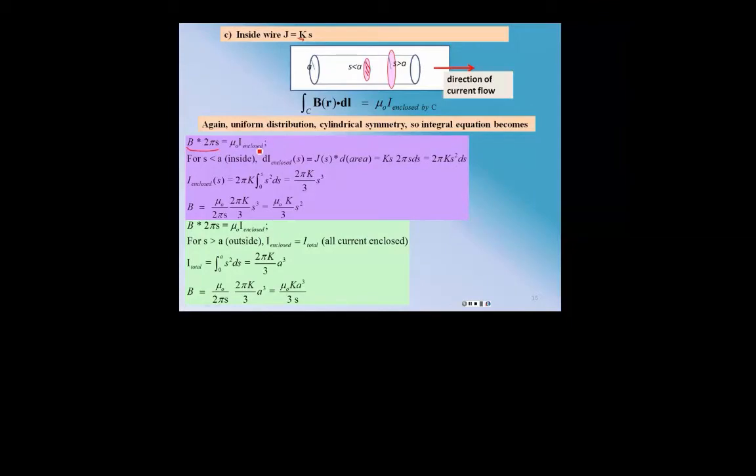If we start with s less than a, we have to do an integral. We take the differential of current enclosed at the radius s is equal to the current density at s times a differential of area. So here's what I'm talking about. We're integrating basically the current density over this surface here.